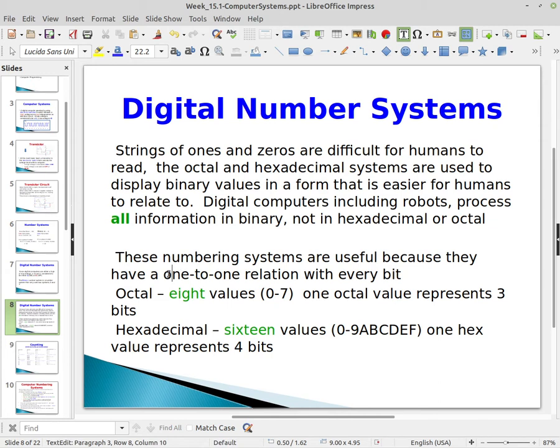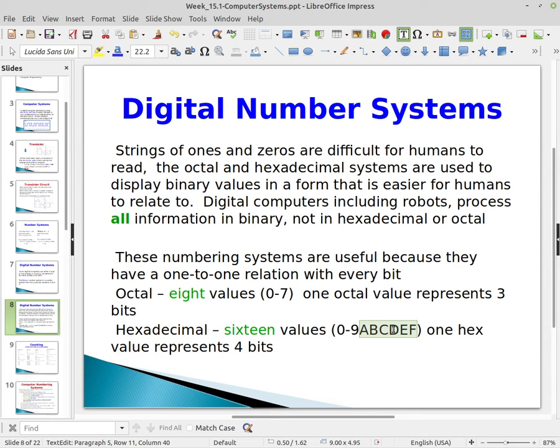Now octal kind of fell out of favor. On the older computers, it was used extensively, and you still see it once in a while, but most of the time now you'll see what we call hexadecimal, which is 16 values. Well, the only problem with hexadecimal is the fact that we know with decimal we had characters 0 through 9. So when they decided they wanted to display 16 unique symbols in one spot, they decided, okay, I'm going to use 0 through 9 like the decimal system does, but I still need 6 more, and so we just use the first 6 letters of the alphabet.